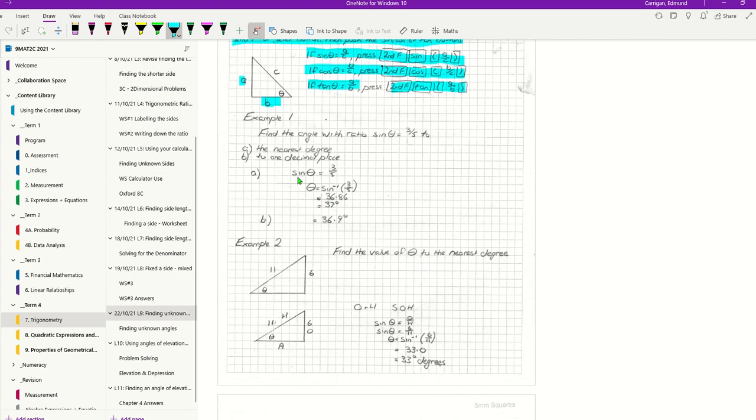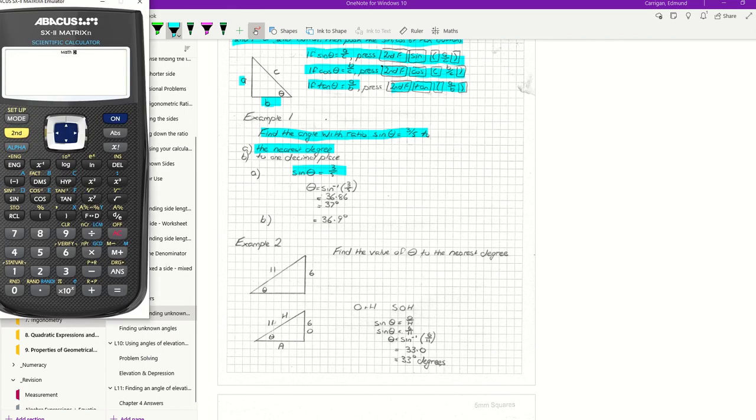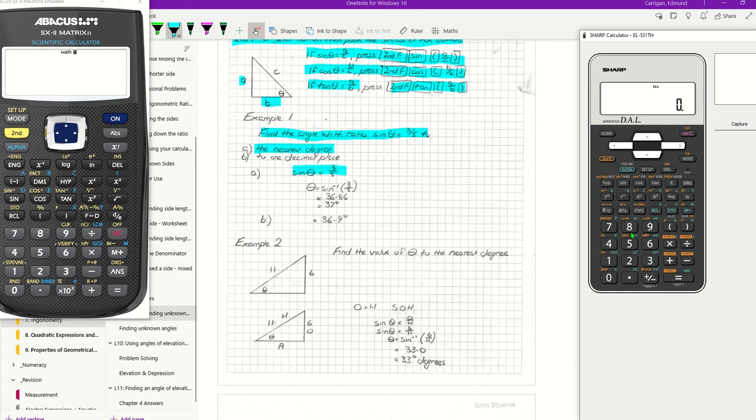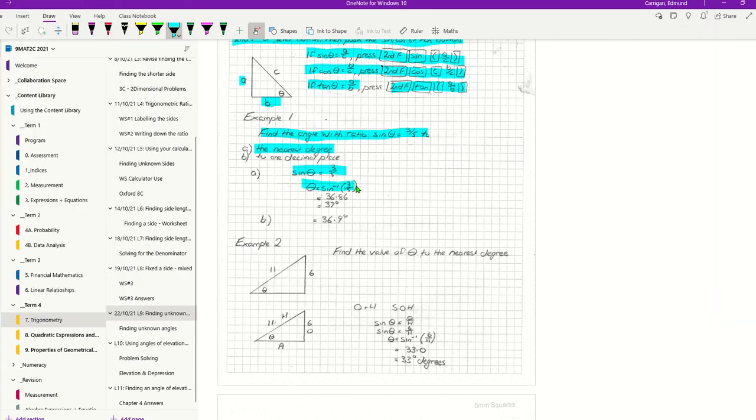Right, so let's have a look at that example. First example: find the angle with ratio sine theta equals 3 on 5, to the nearest degree. That was one of our first success criteria. Afterwards we're going to find it to one decimal place. So sine theta equals 3 on 5. Looking at our calculator, theta is equal to the inverse, sine minus 1 of 3 on 5, is how we write that out.